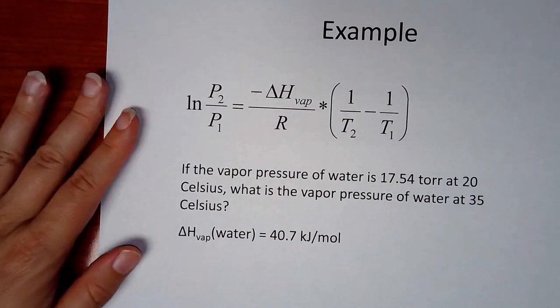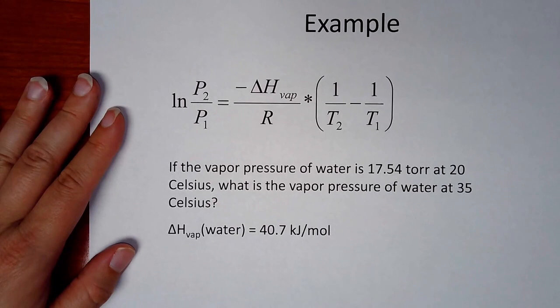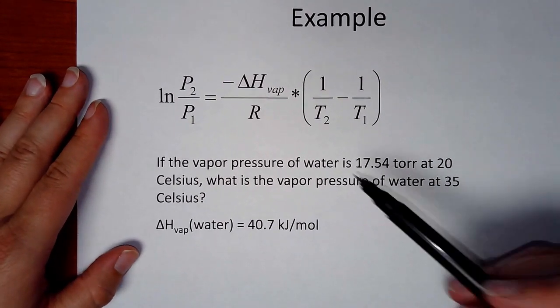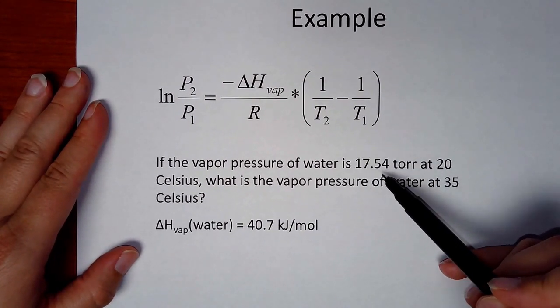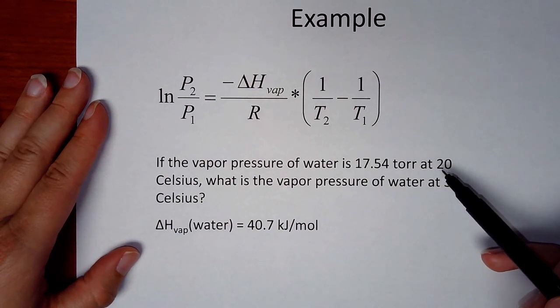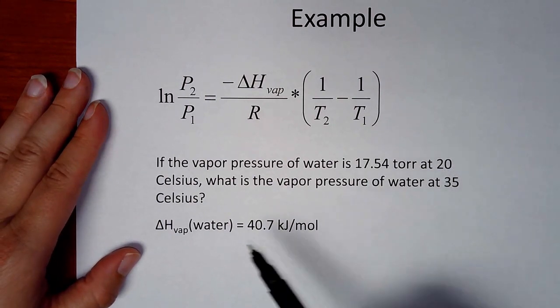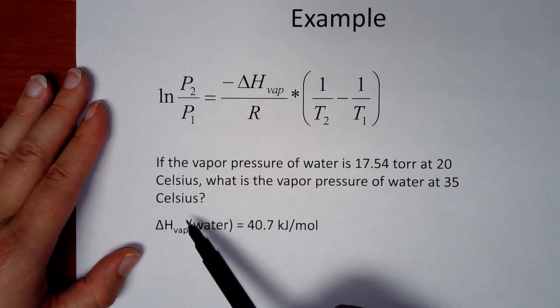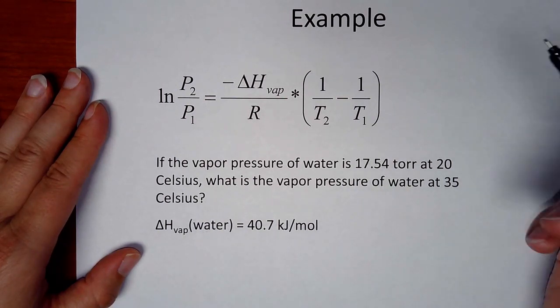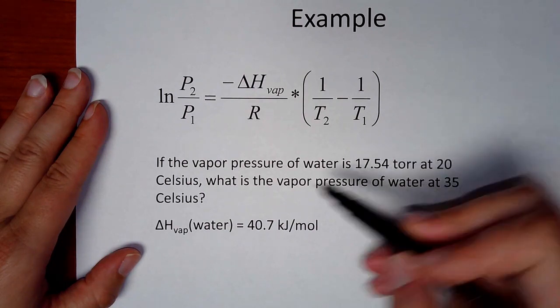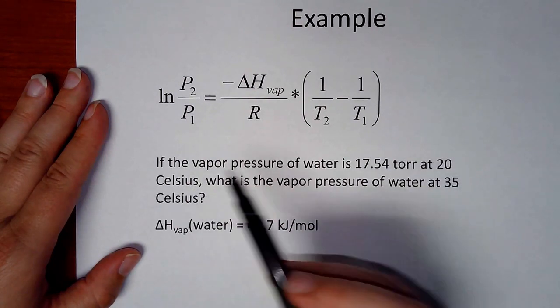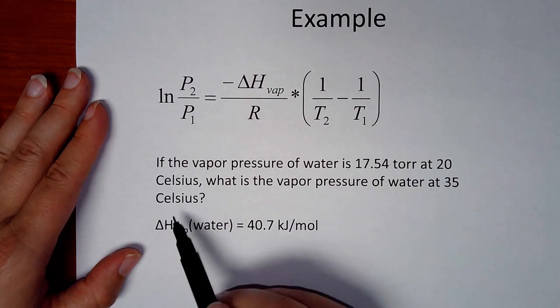Alright, so here's our example. The vapor pressure of water is 17.54 torr at 20 degrees Celsius. What is the vapor pressure of water at 35 degrees Celsius? In this case we are given a pressure and a temperature, and we're asked for pressure at a different temperature.